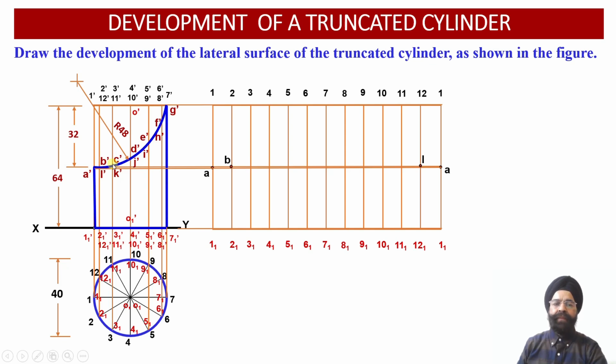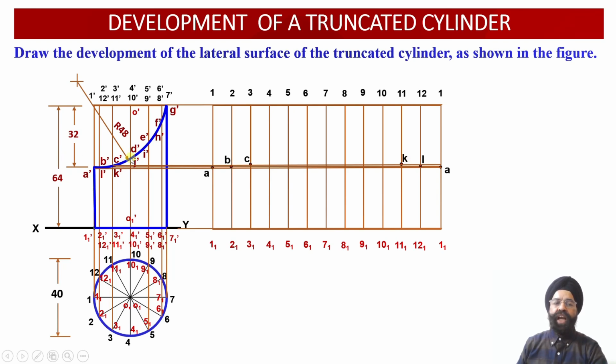So now once again, if we draw the third horizontal projector line through the points C dash and K dash into the lateral surface development view, wherever this horizontal projector intersects the vertical generators 3 3 1 and 11 11 1 in this lateral surface development view, the points of intersection will provide us with the location of the points C and K in the developed surface view over here.